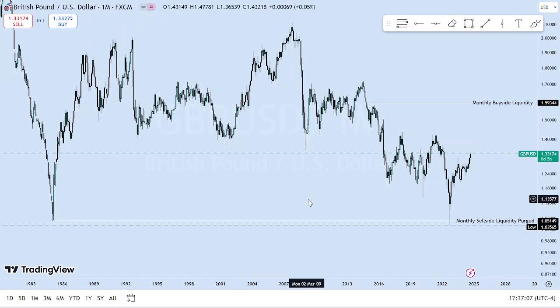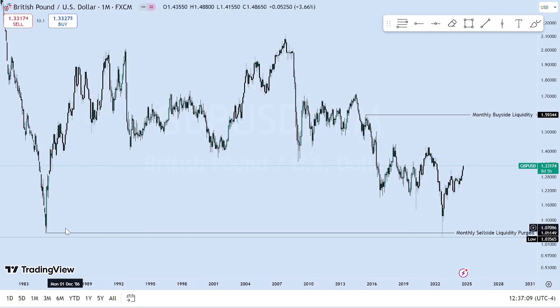So, it's a liquidity. We swept it. So, price is likely to go and seek opposing liquidity, that's buy side liquidity resting above price.